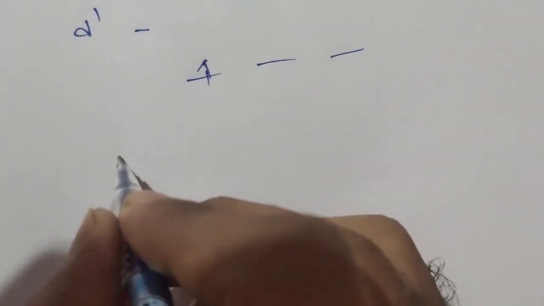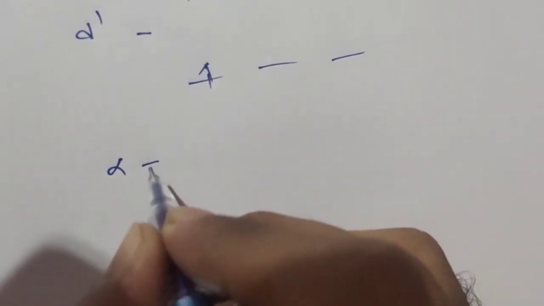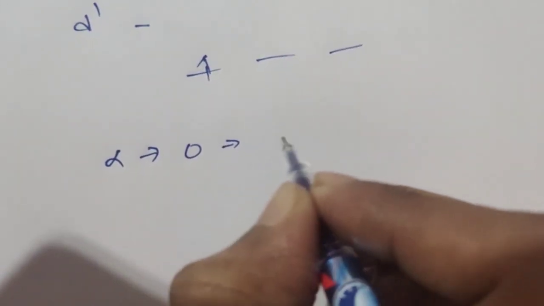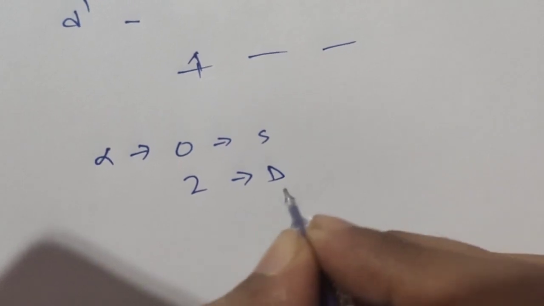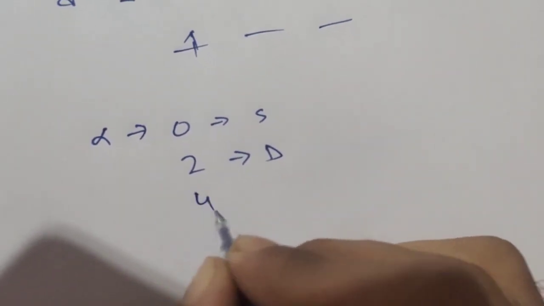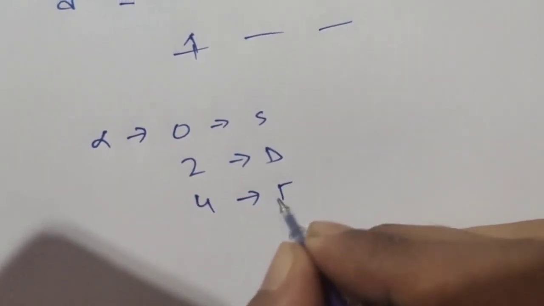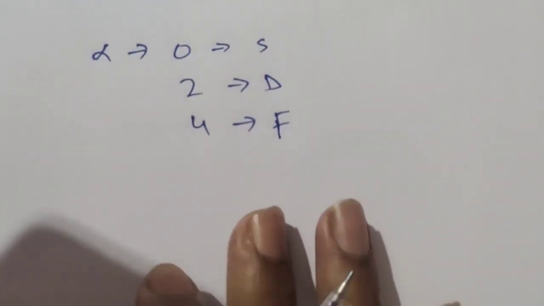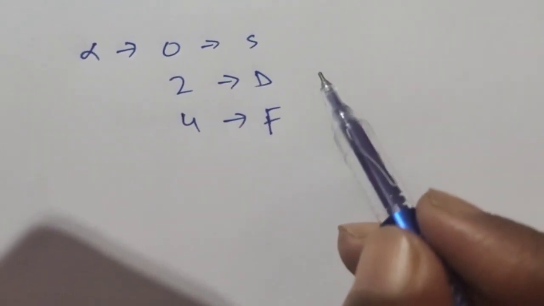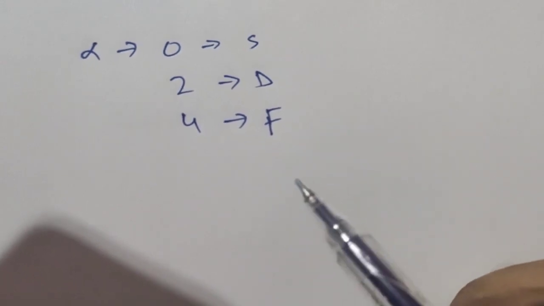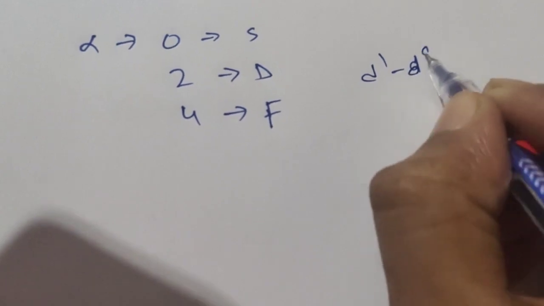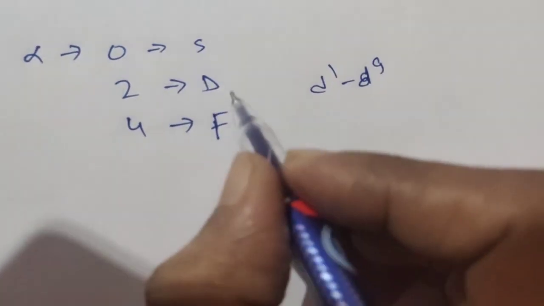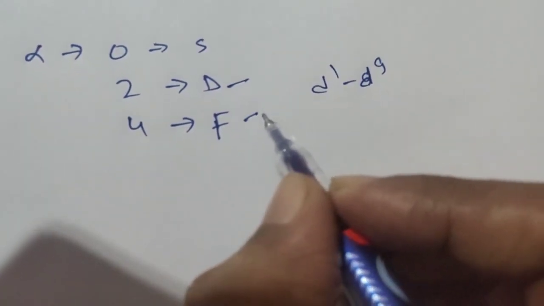For determining alpha, alpha is 0 when the ground term is S, it is 2 when it is D, and it is 4 when the ground term is F. Now you need to understand that for all the transition metals from D1 to D9, there are only two terms possible, that is D and F.